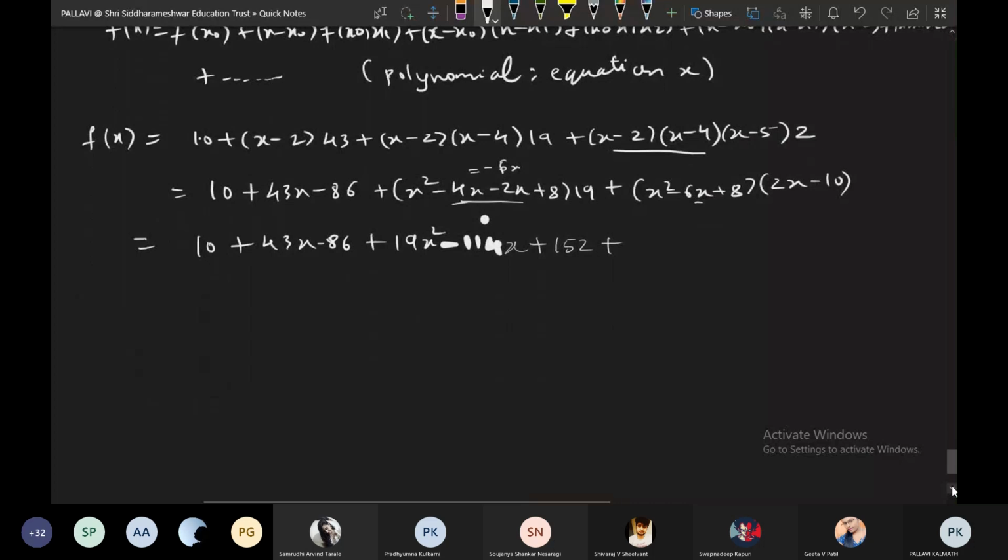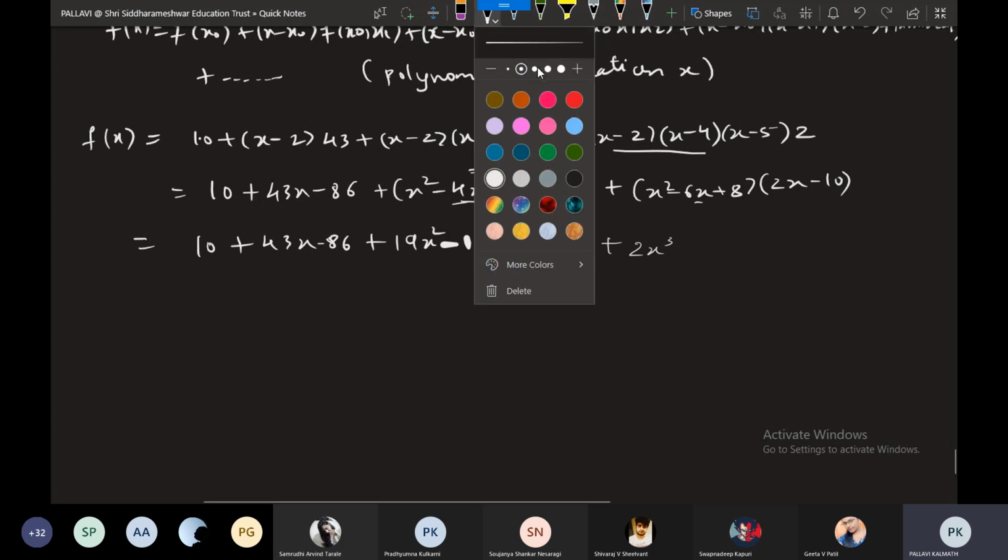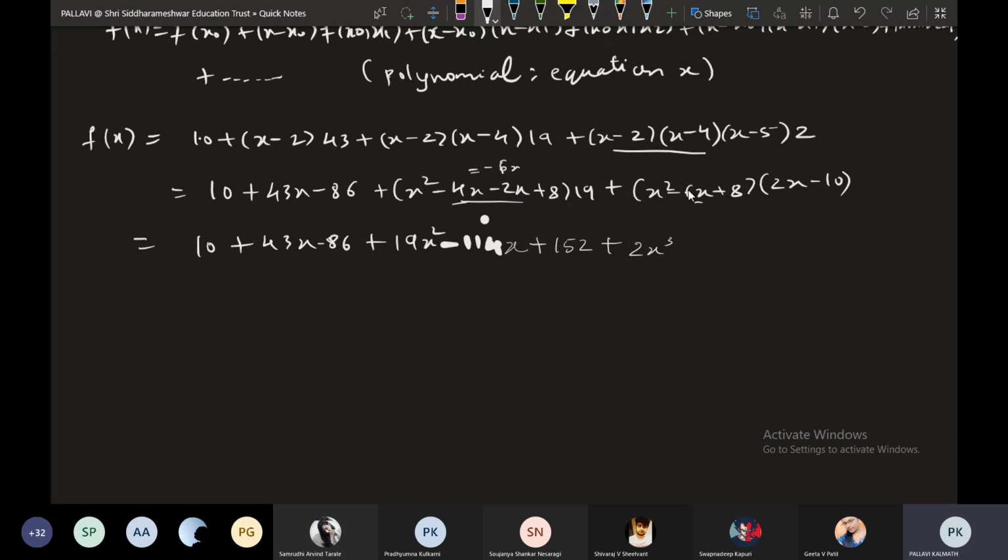Okay. See here, this is x square and 2x. So how much is it? 2x cube. x into 2x is 2x cube. Then minus 10x square.